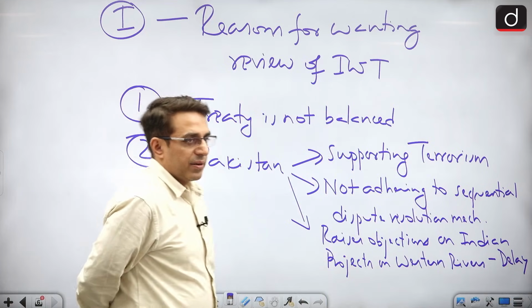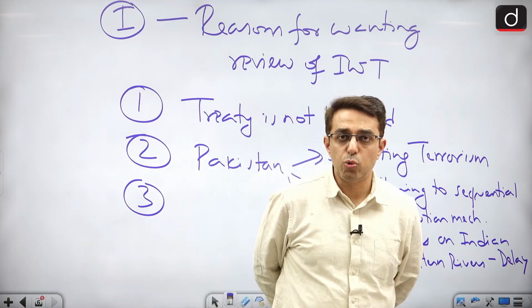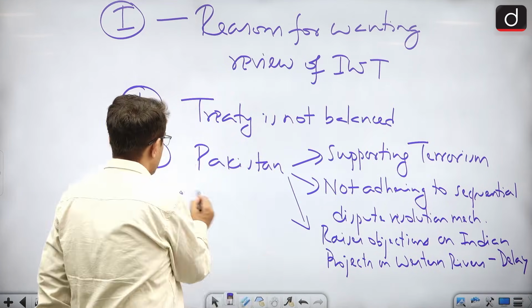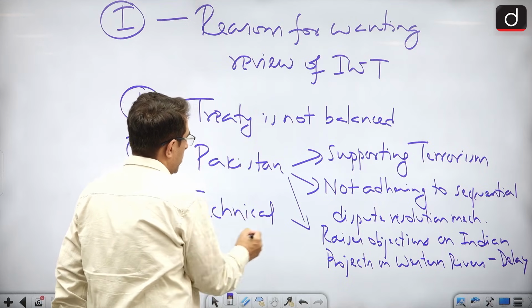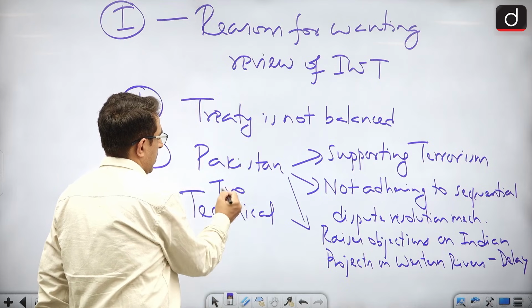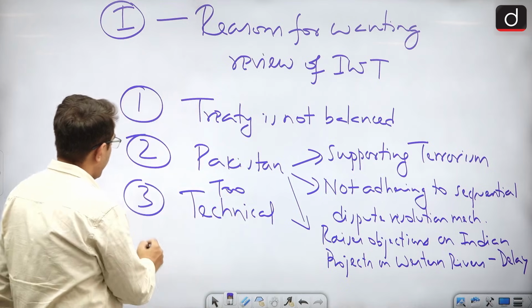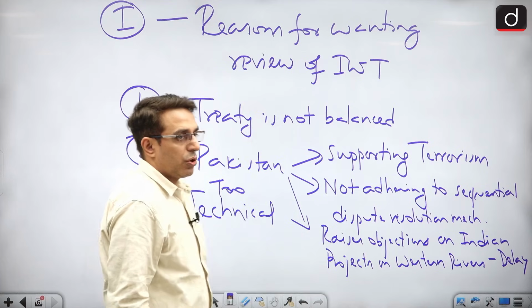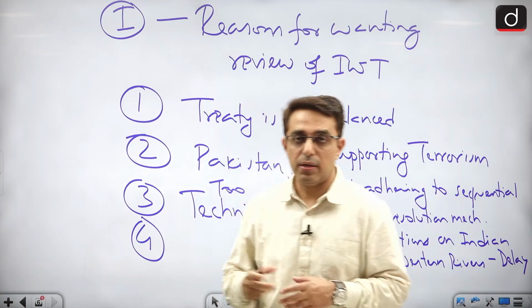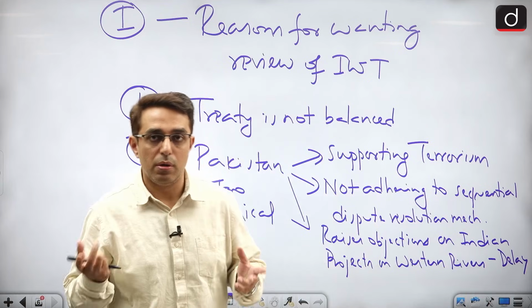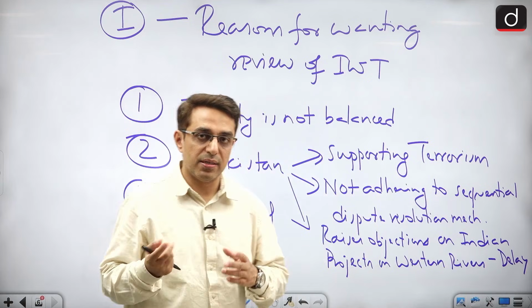Then another factor is that the treaty is too technical, which leads to differences in interpretation. Also, we can say that the treaty is not taking into account the issue of climate change, because of which the demand supply scenario in India and Pakistan has changed.